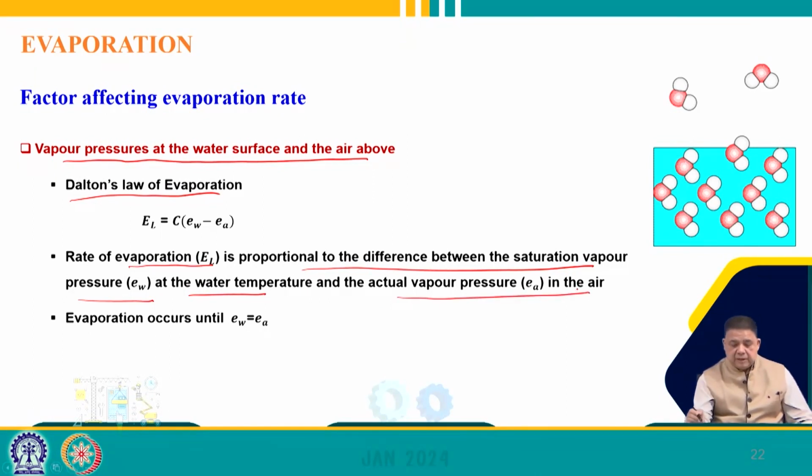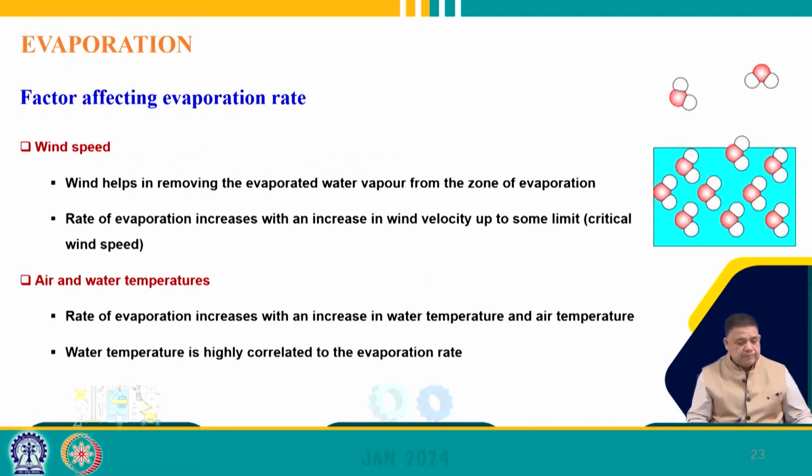And obviously, if the difference is large, the evaporation will be more, and evaporation will occur as long as E_W is greater than E_A. So, when E_W becomes equal to E_A, then there will be no evaporation.